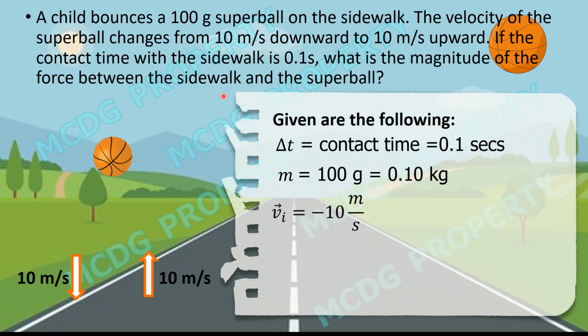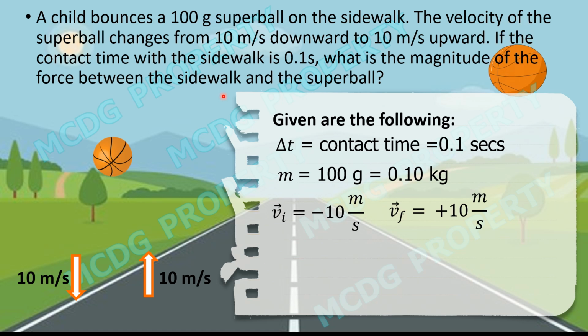The initial velocity is negative 10 meters per second. It's negative because the direction is downward. And the final velocity is positive 10 meters per second. It's positive because the velocity is now upward.